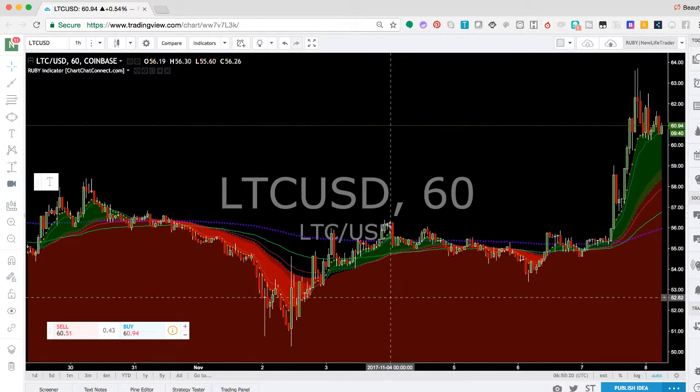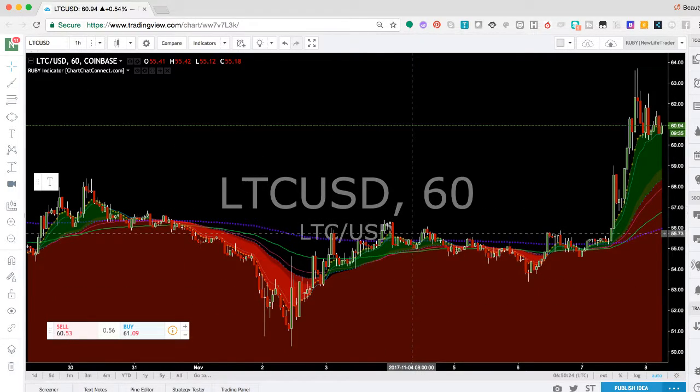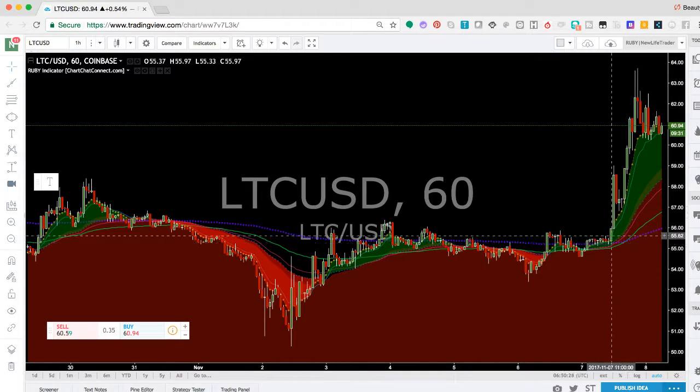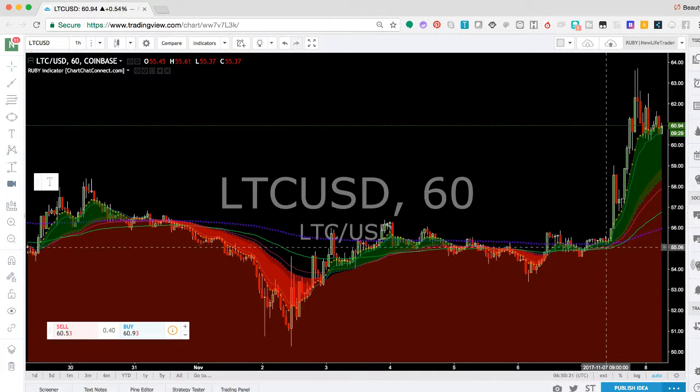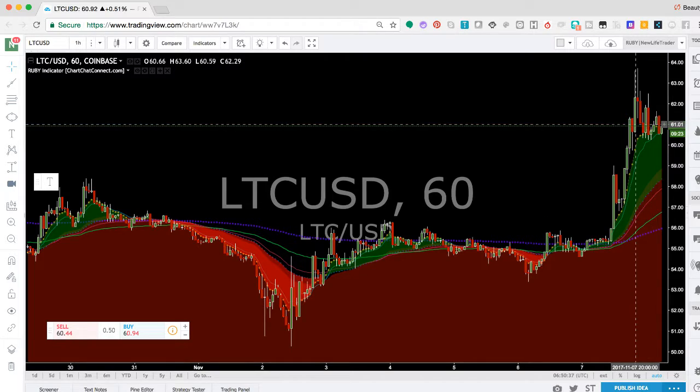And we can see that there's been a lot of chop, a lot of things happening with Litecoin. Except for that, it based out, almost flatlined really, until it took this wonderful move into the 60s. It's at 60.94 right now with the high of 63.60.